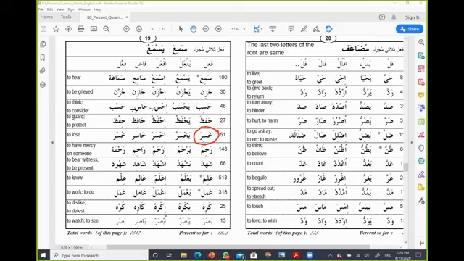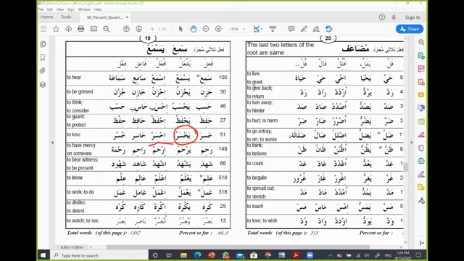Khasira means to lose. And when you're losing something, it's usually supposed to be something valuable, and that's why it would be called khusran. Because it's valuable and you're losing it, that means you're missing out on something. Yakhsaru would mean that they are losing, and this is past and future tense.